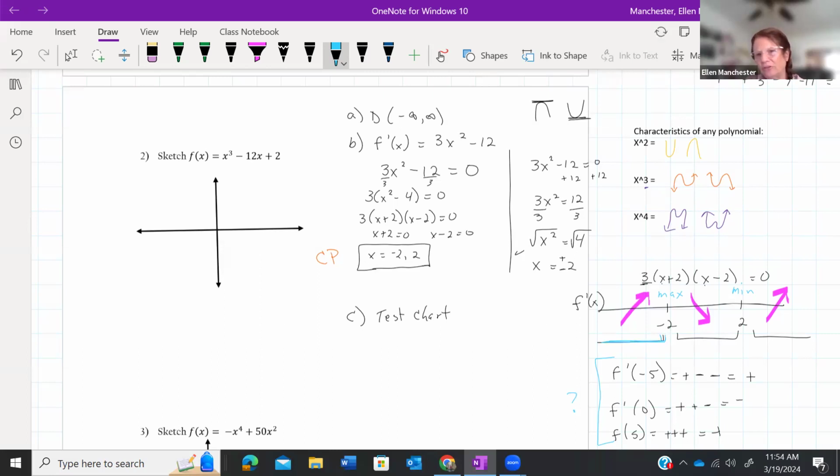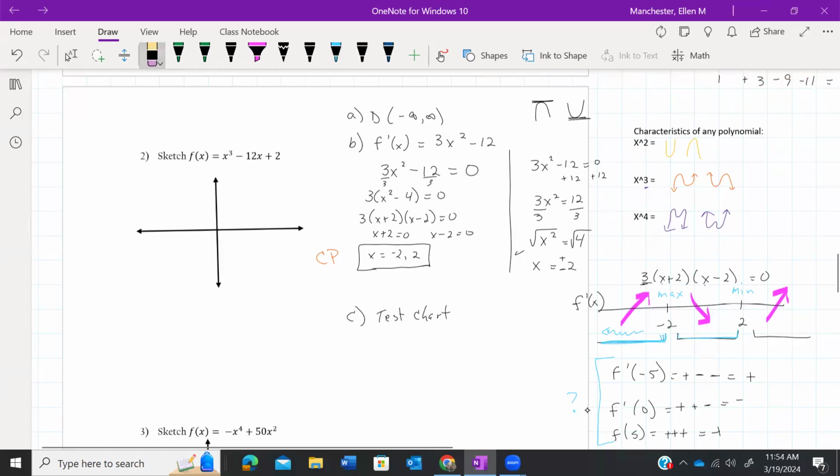I could have picked -100, I could have picked -3. It doesn't matter as long as it's in this interval, somewhere along -2 or less. Same thing here, between -2 and 2, I could have picked -1, 0, +1. It doesn't matter. I just picked the easiest one.